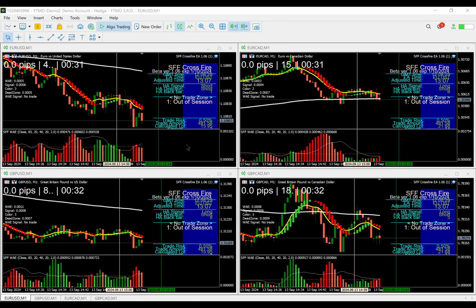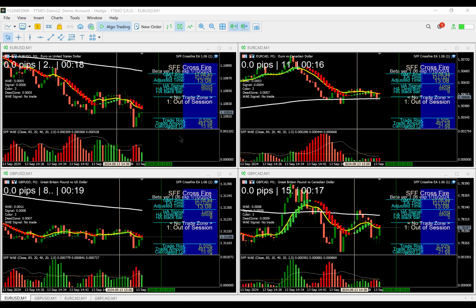Okay, so you can see my 4 screens. For the benefit of anybody watching the replay or hasn't seen this before, all of these 4 charts are set up in the same way. I've got the same settings on each of the 4, and I'm just going to concentrate on one until something happens.